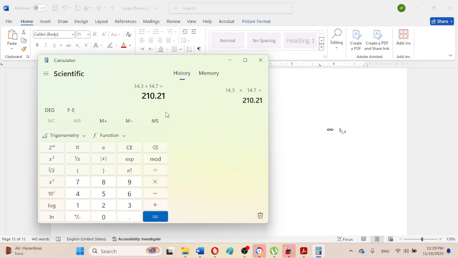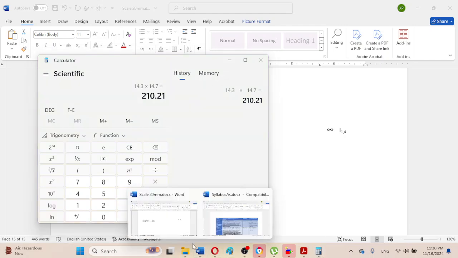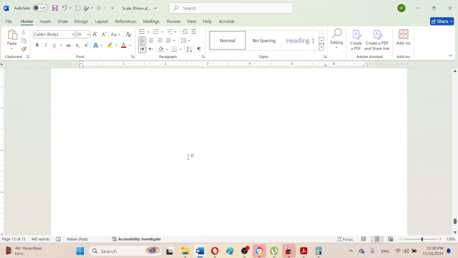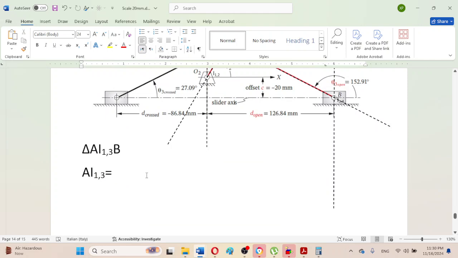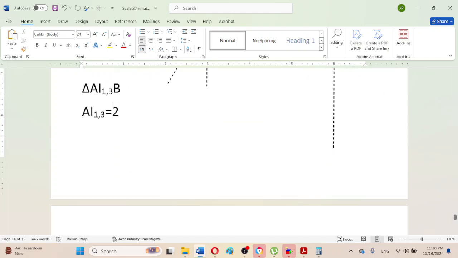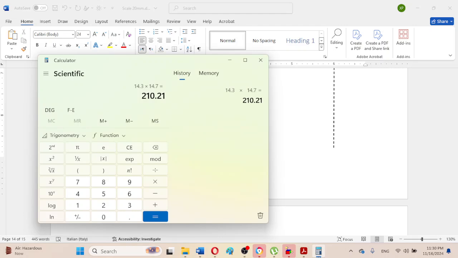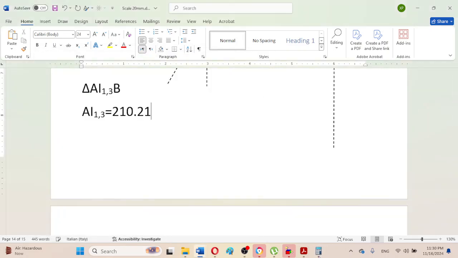So that is equal to 210.21 millimeter approximately. So I can mention here that A I1,3 is equal to 210.21 millimeter. Remember, this is just an approximation.